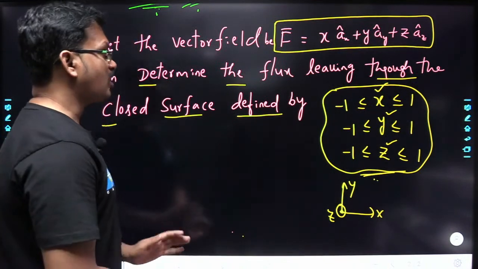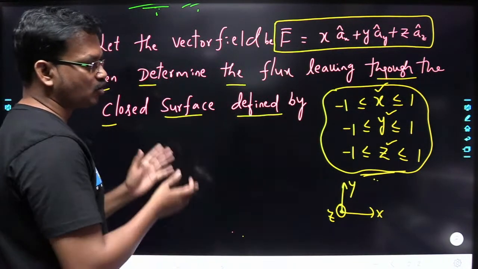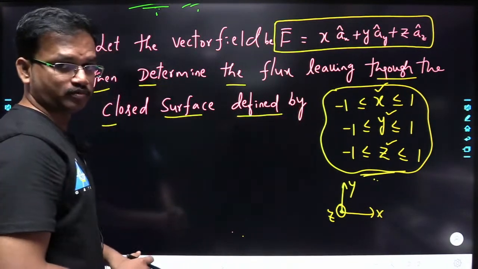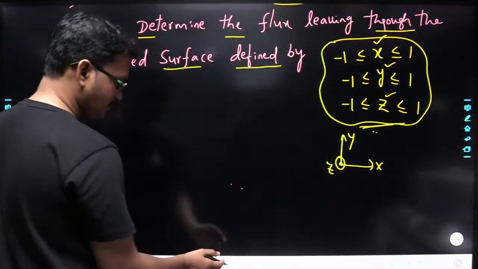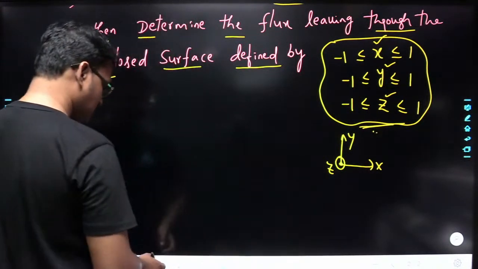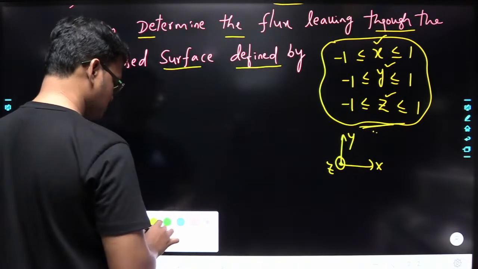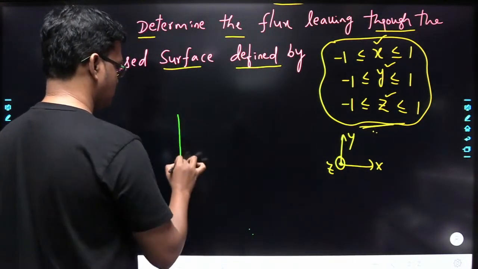So now they are asking to determine the flux that is leaving the closed surface, or the flux that is leaving this cube here, right? So now see here. If I draw that cube here, I am roughly drawing here, just to get some idea, okay?